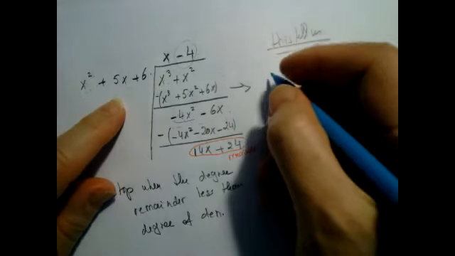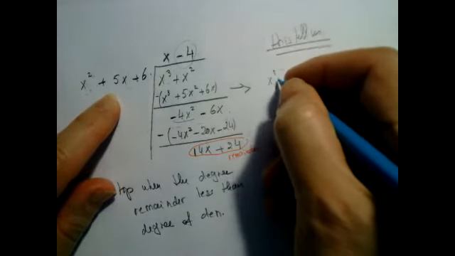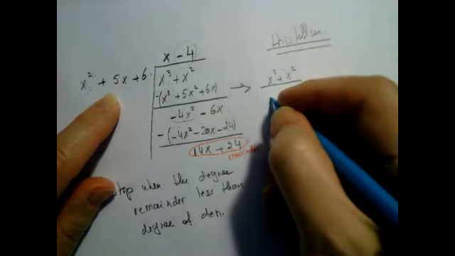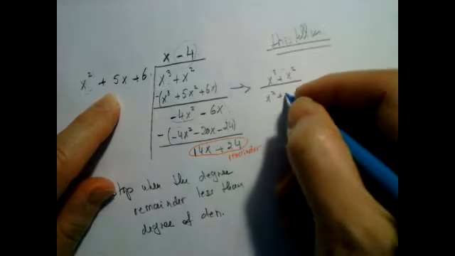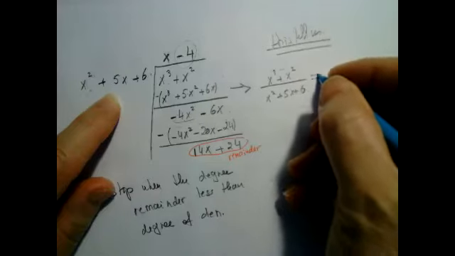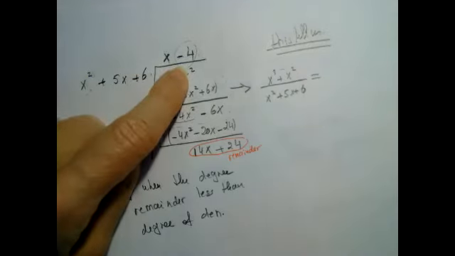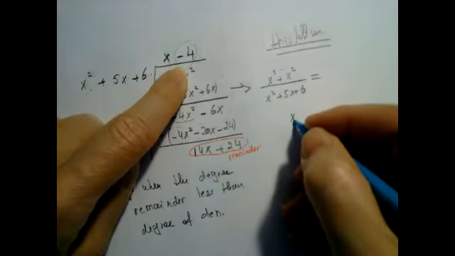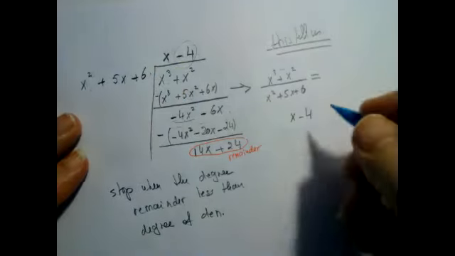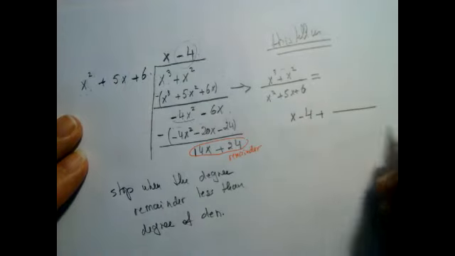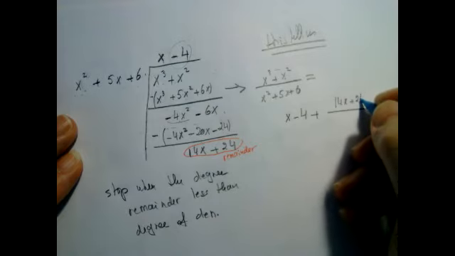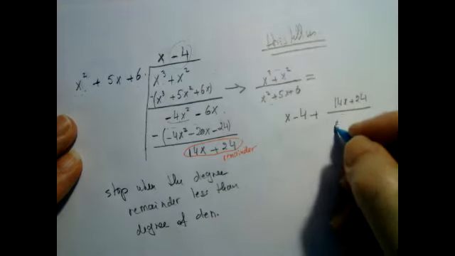It tells me that if I take x cubed plus x squared and I divide it by x squared plus 5x plus 6, this is equal to the quotient, x minus 4, that's the quotient, plus the remainder divided by the denominator.